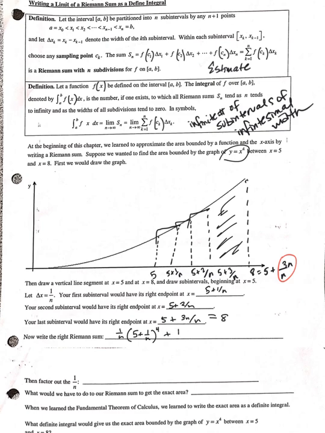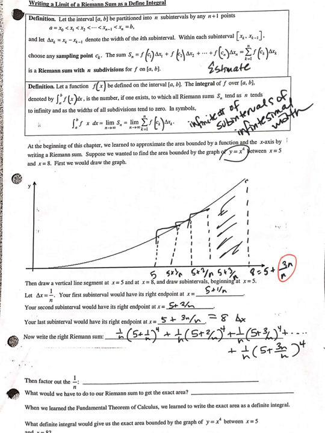So then you'd have 1 over n times 5 plus 1 over n to the 4th. Okay, this is delta x, as you know. Times 5 plus 2 over n to the 4th, yada yada. So the last entry will be 1 over n times 5 plus 3n over n to the 4th.